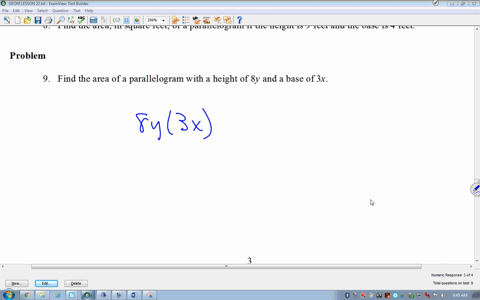What is that? 24xy units squared. Okay? Because we're talking about area, we have to have units. If they don't give me something, we're going to go ahead and write it in. Okay? 24xy units squared.